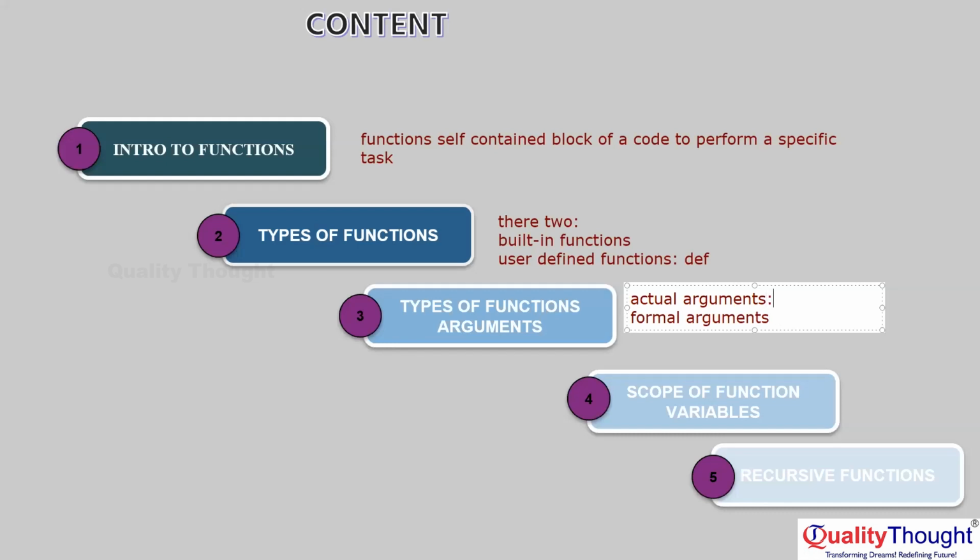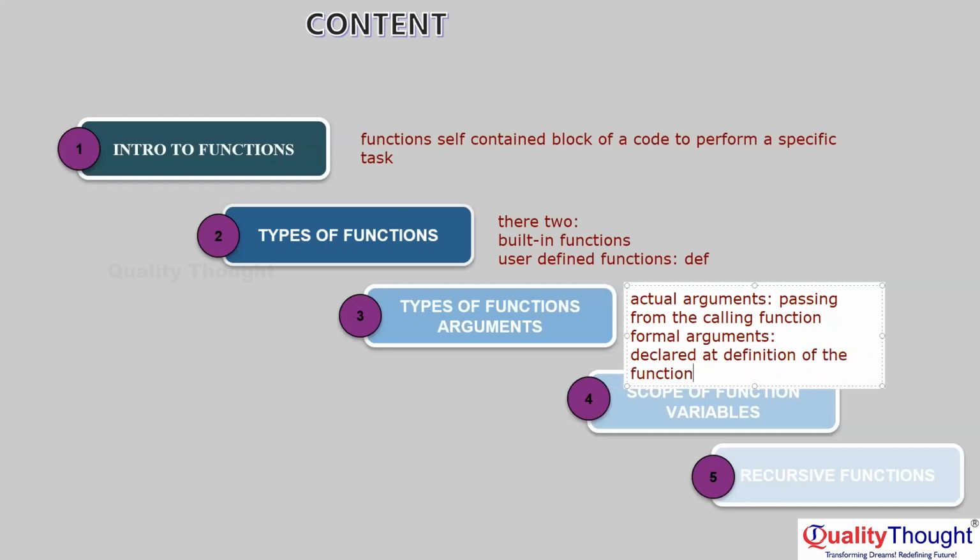Actual arguments are passed from the calling function, and formal arguments are declared at the definition of the function. So these are the details we have seen in the previous class.